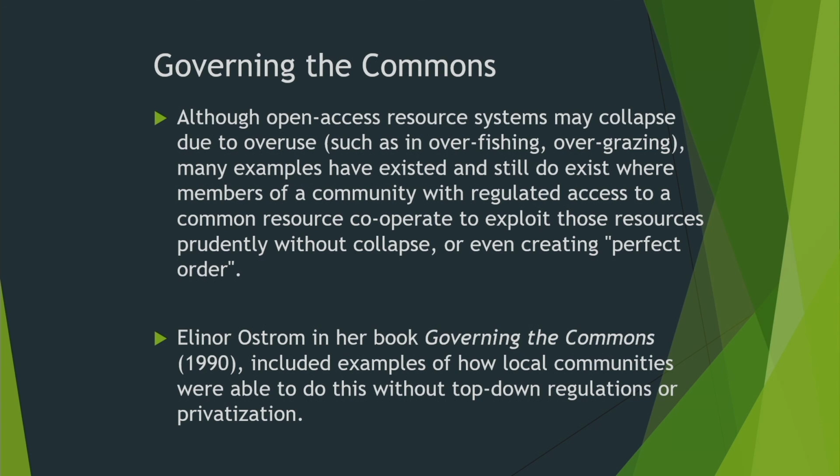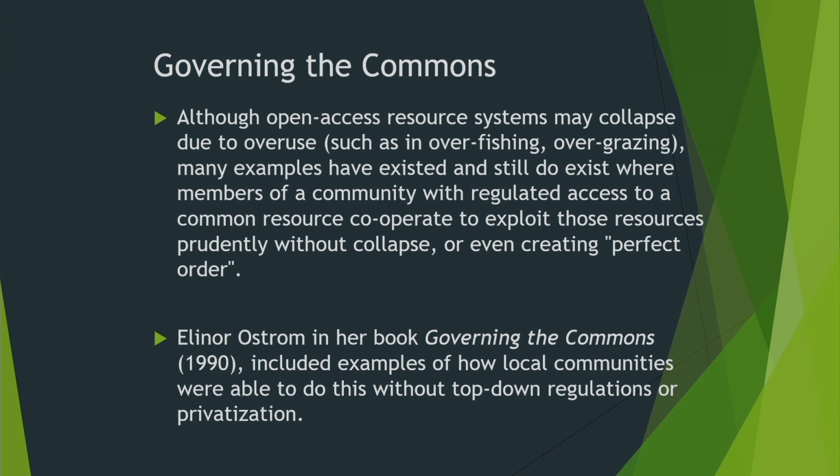Now if you look at the works on governing the commons, an open access resource system may collapse due to overuse, such as what we have seen in overfishing or overgrazing.